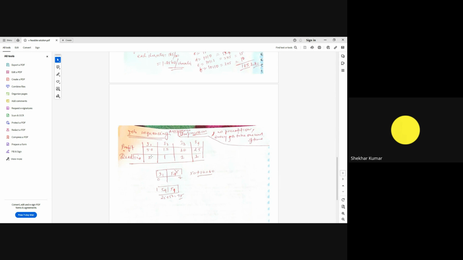The deadline may be in months, weeks, anything you want. Suppose we are considering months. Job one, J1, has 50 profit, and the deadline of this job is 2 months. Within 2 months, you have to complete this job.